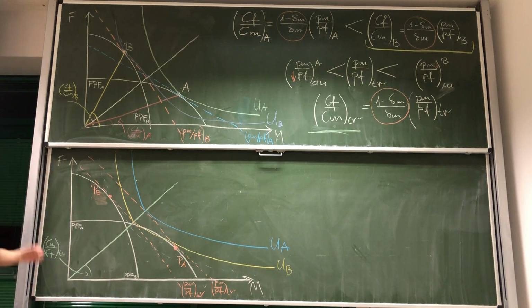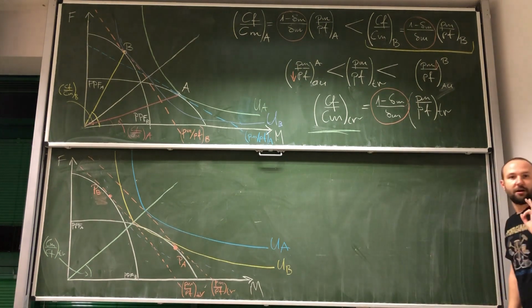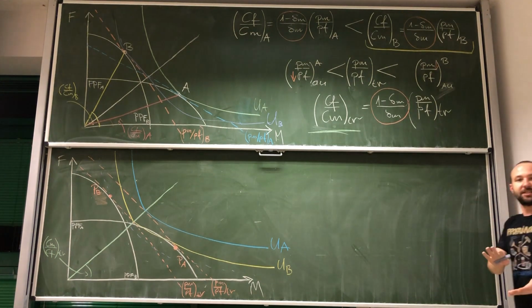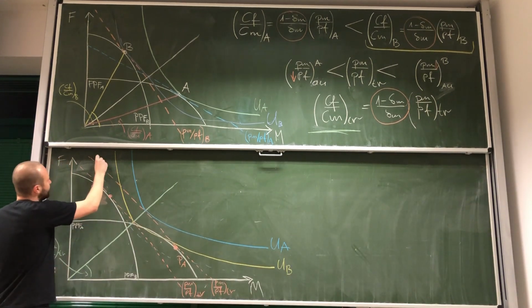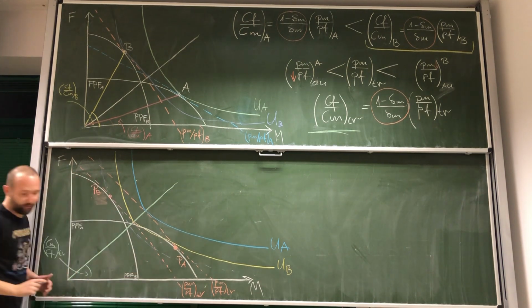So first thing we should notice is, as a result of trade, customers are better off, right? Because they can afford more of both goods, so they are happier. They are at the indifference curve that is further from the origin, right? Because this indifference curve, the old one, would be somewhere over here.